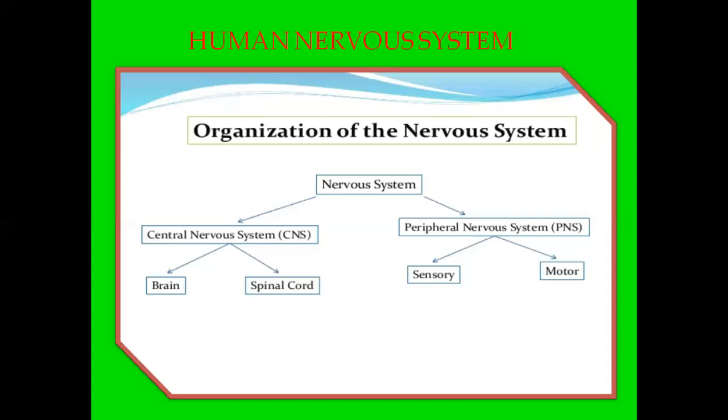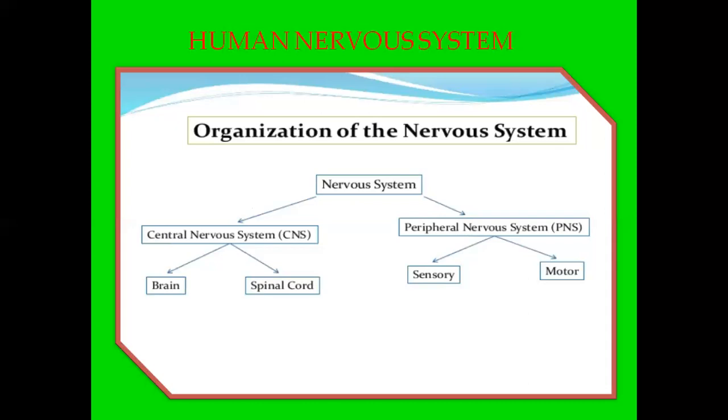First is the somatic nervous system. Now, what is the somatic nervous system? It is also known as the voluntary nervous system and is associated with voluntary control of body movement via skeletal muscle. Is it clear?